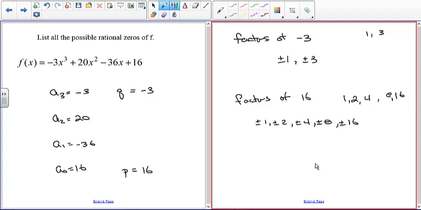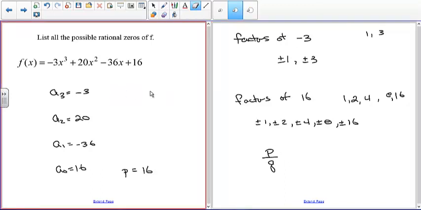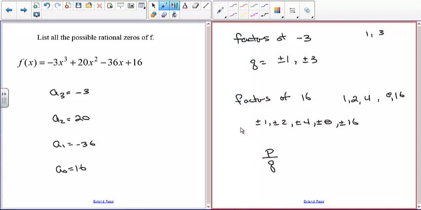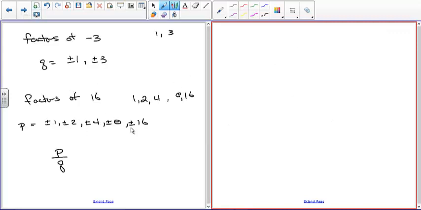Okay, now what we're going to look at is p over q. So in reality, that's actually wrong here. It's been a while since I've taught this. So p and q are these factors. So this is q, and this is p. What we can do is have all of these be the numerators.